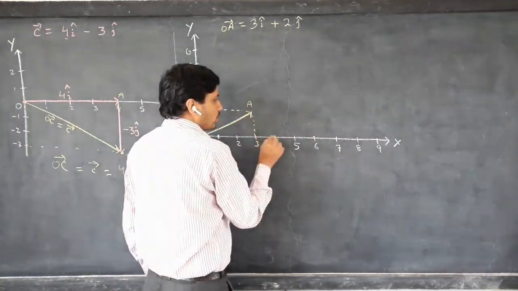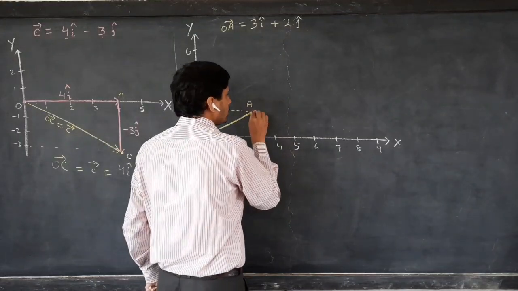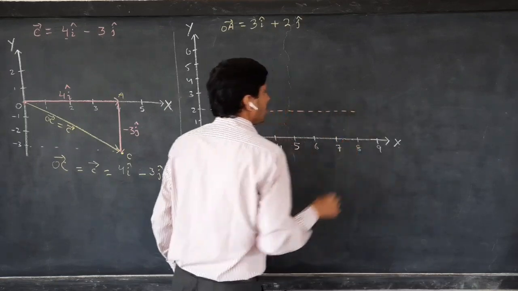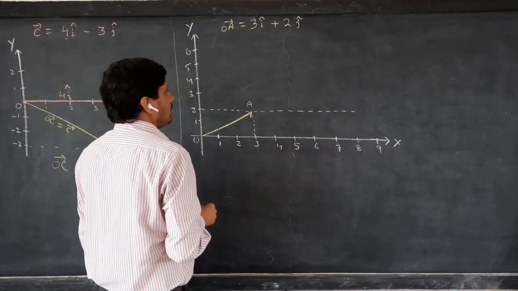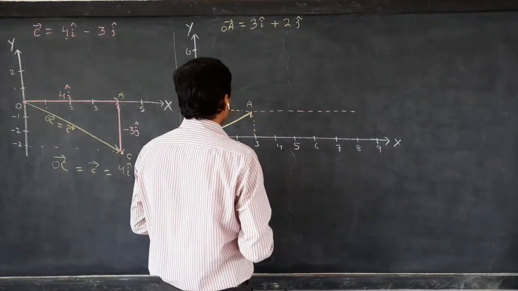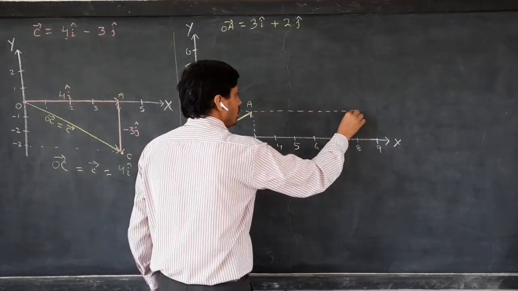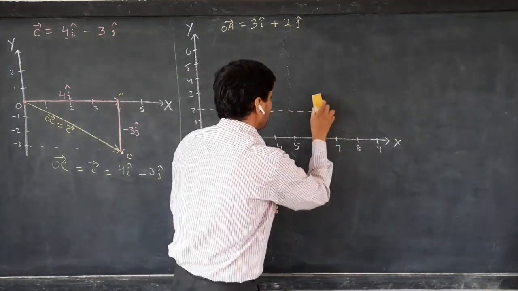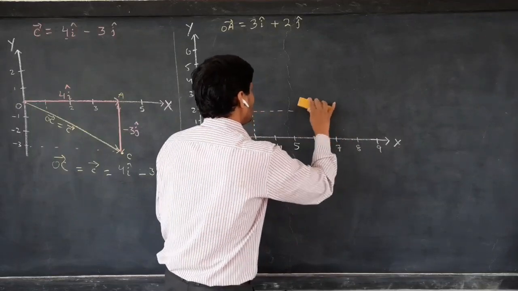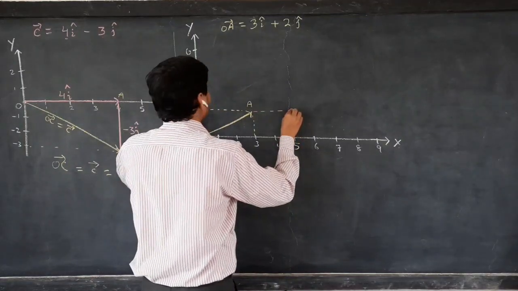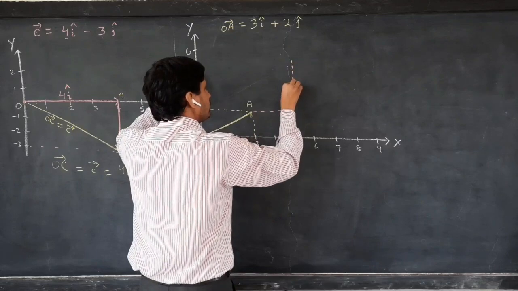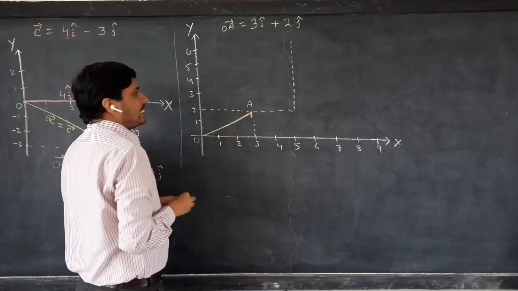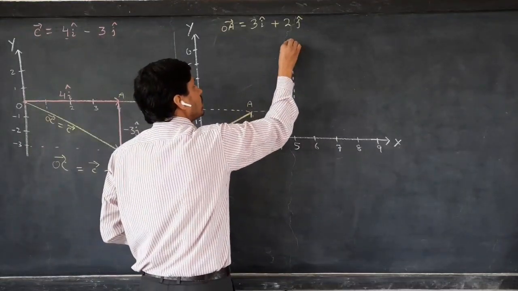So suppose we move 2 units towards east and then 4 units towards north from A to this point, which I will call B.